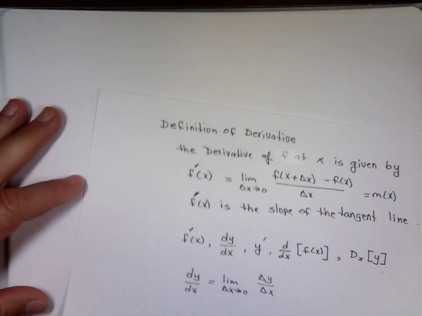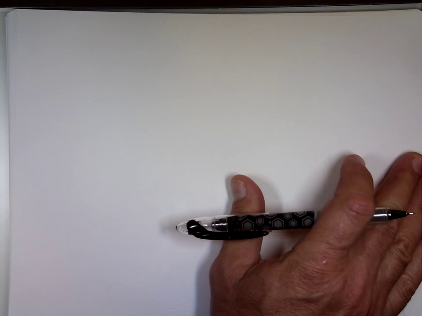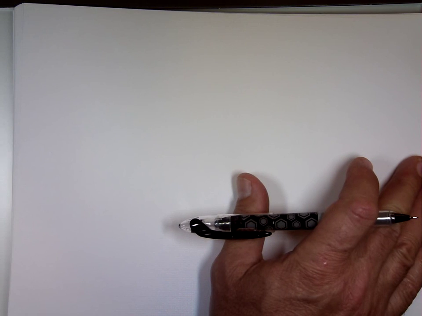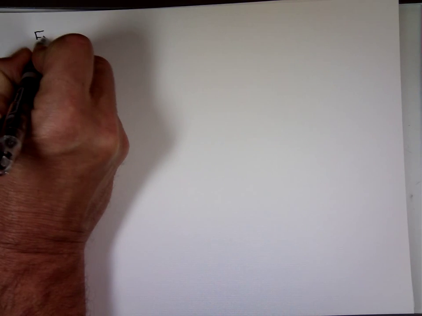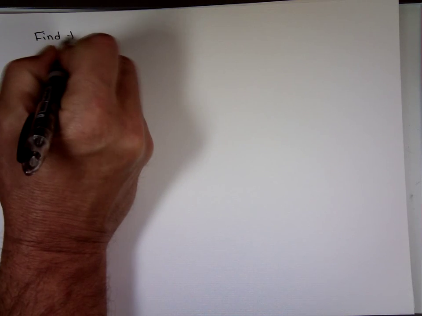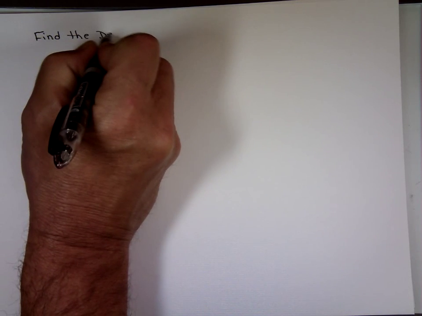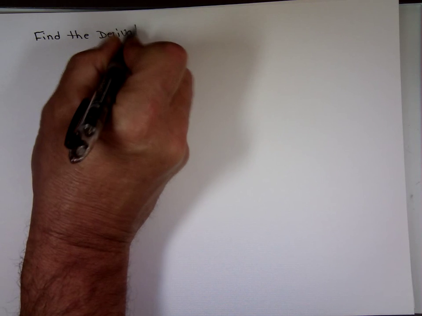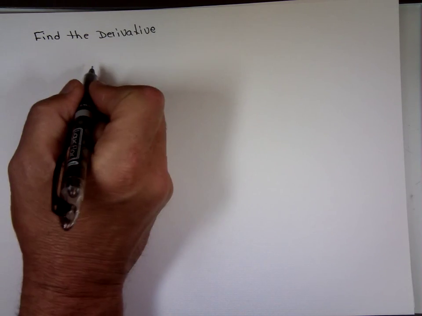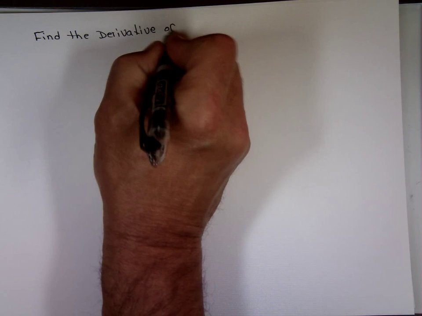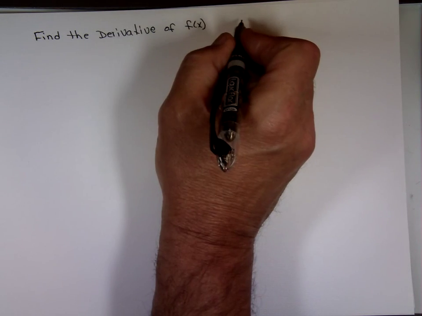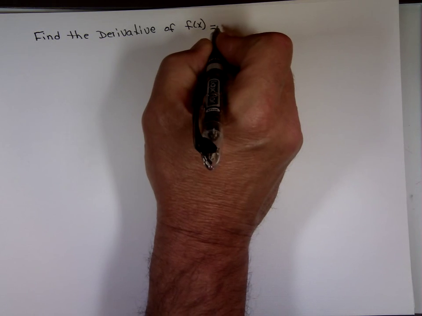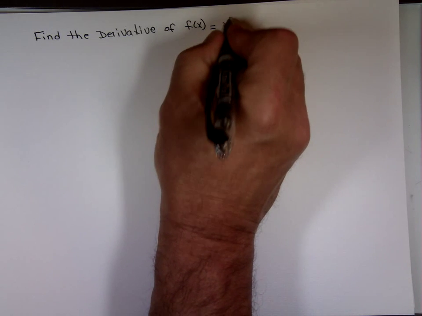Definition of derivative. Here's the question. Find the derivative of f of x, which is x cubed plus 2x.